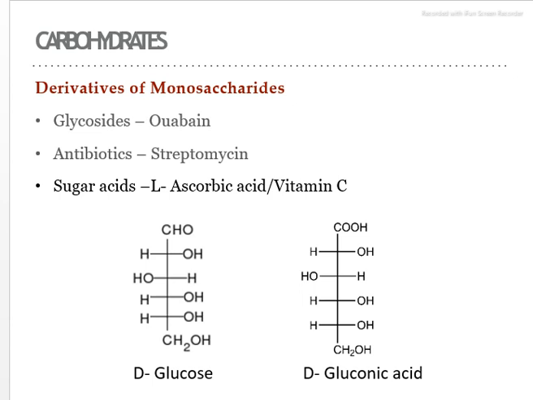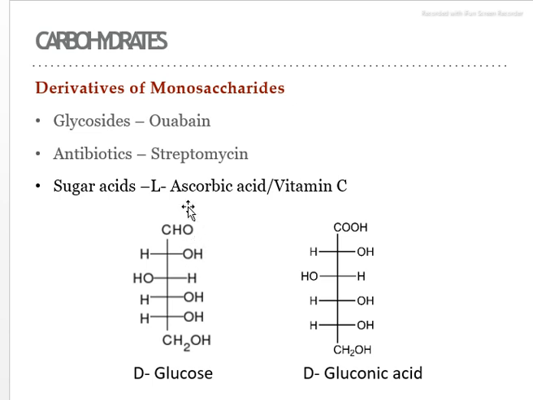So what is the difference between D-gluconic acid and D-glucose? If we see the structure of D-glucose, we have CHO as a functional group, then HOH, OHH, HOH, HOH, CH2OH. So this is the structure of D-glucose. In the case of D-gluconic acid, there is only one difference.